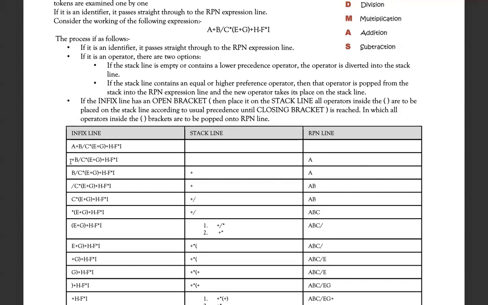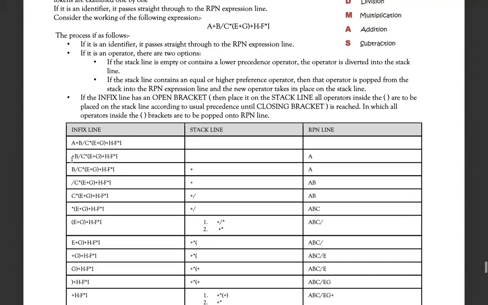Since A has left the infix line, the next thing we see is an operator. This is plus. Now for operators, we have to take certain decisions. The decision states that if my stack is empty or has a lower precedence operator in it already, in which case you will simply place this new operator on top of that.